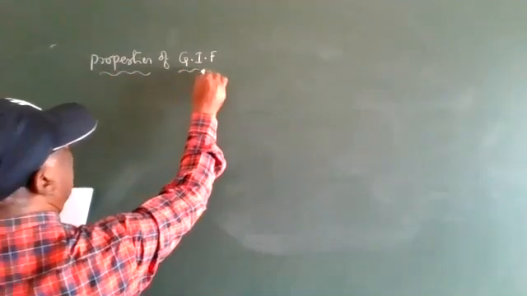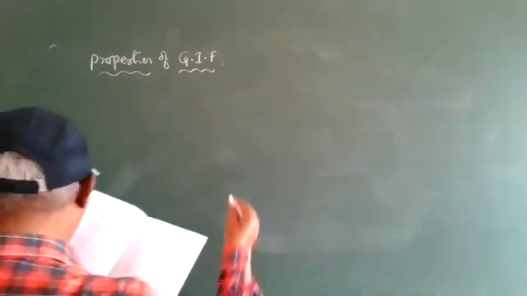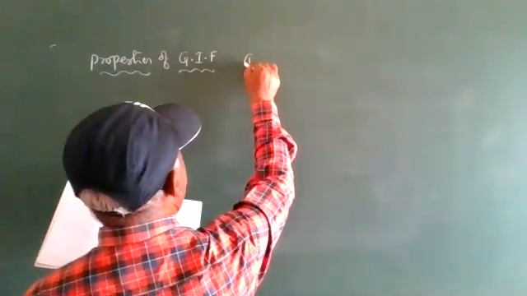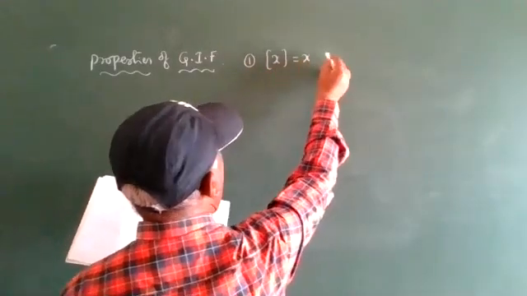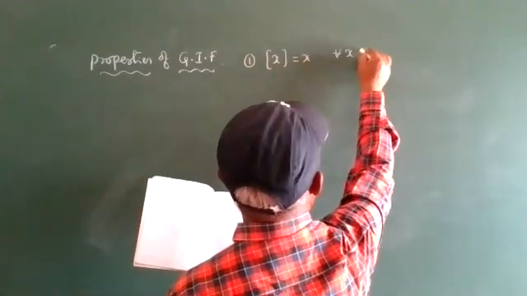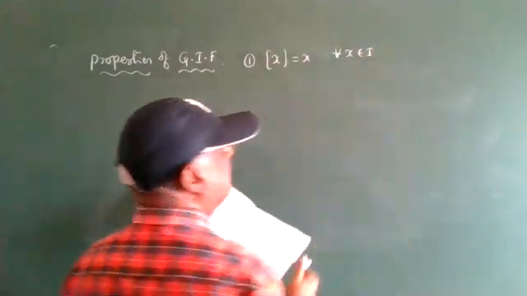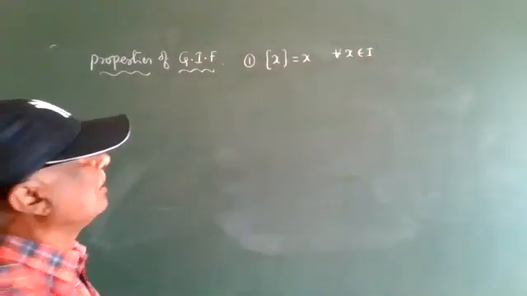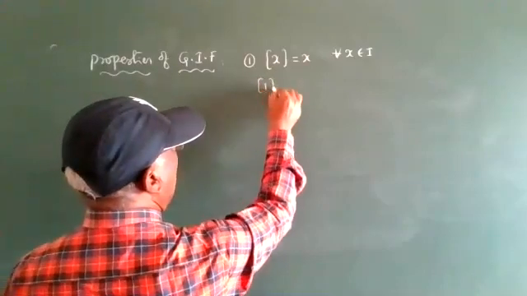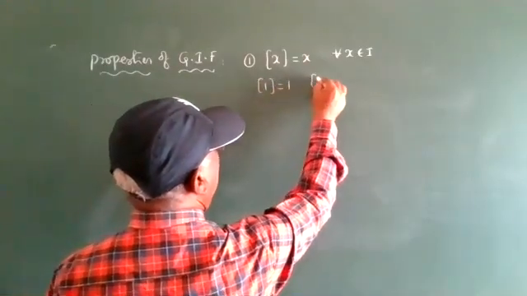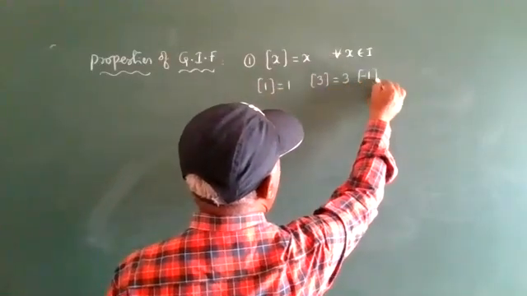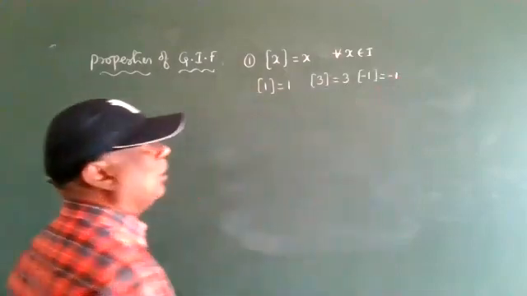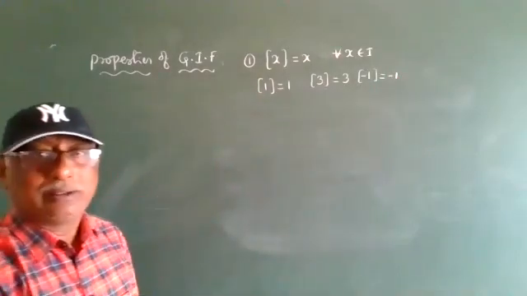Write down the first property: step of x is equal to x for all x belonging to integers. For integers, no change. So step of 1 is 1 only, step of 3 is 3 only, step of -1 is -1 only. No change for that one.